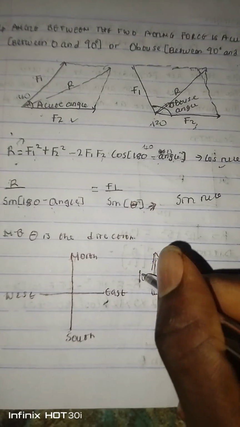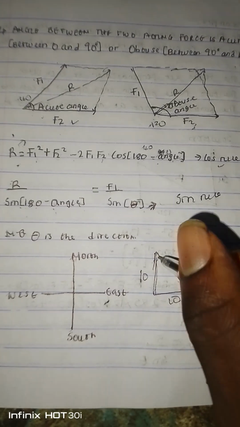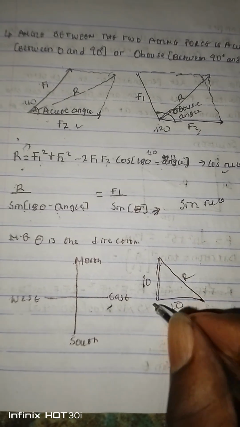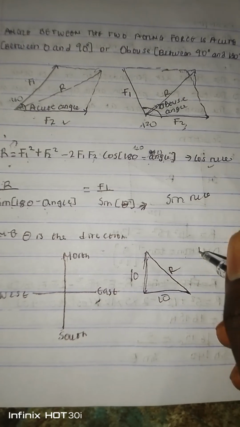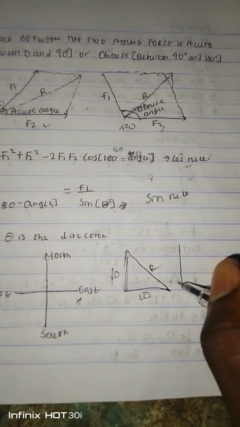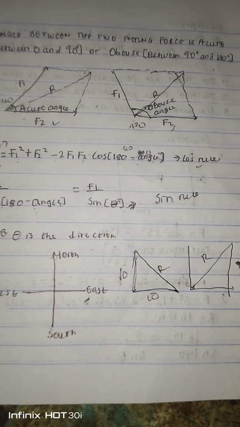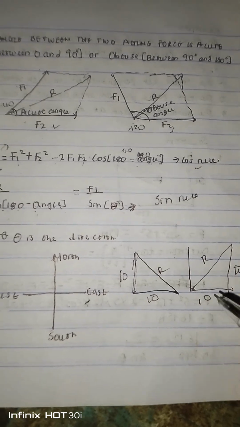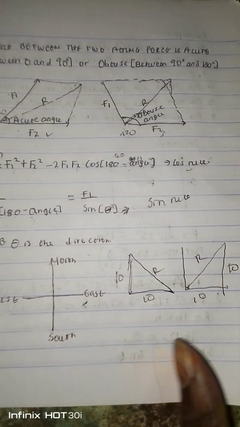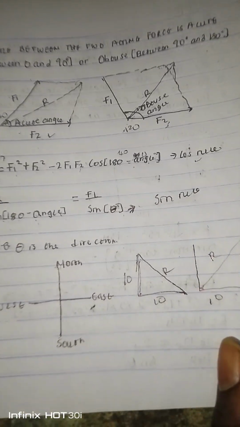Let's say for instance 10 meters, use this one as your resultant, or you can still do the same thing. Whichever you want to do, you can come here like this to still give you the same thing, R, 10, 10, then look for the resultant. I'm just giving you an example. So that is that. Once you know all these formulas, you are good to go.